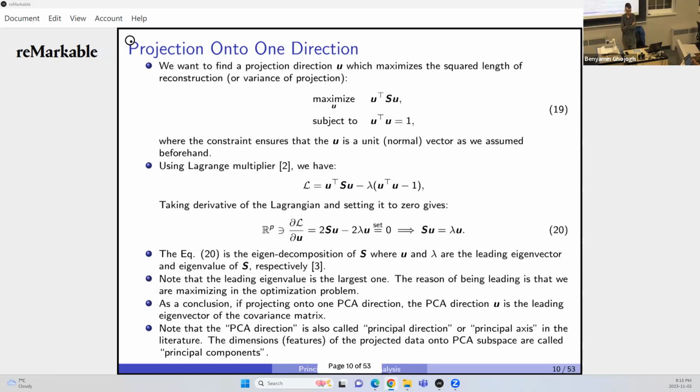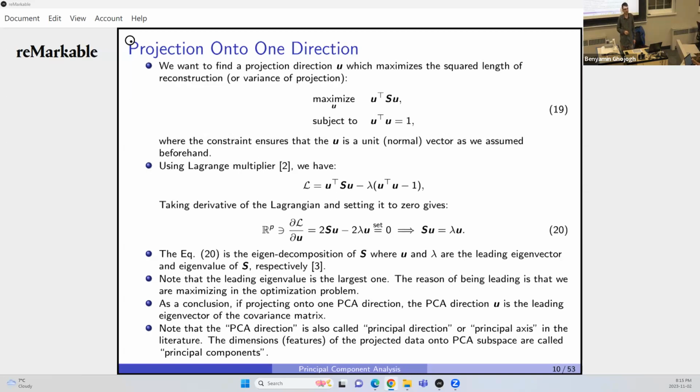Now, by the way, we can have several optimization problems for PCA. We go over them one by one. One of them is this: I want to find my projection matrix in a way that it maximizes the variance of data after projection.